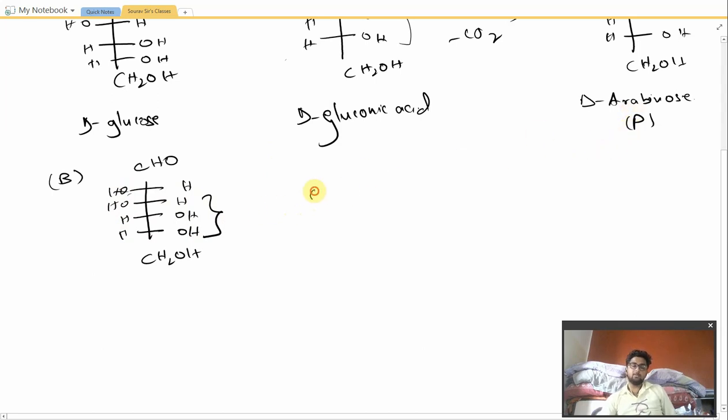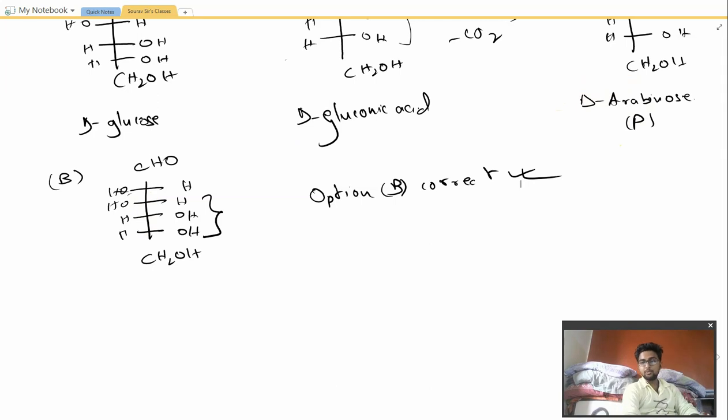So obviously option B would be the correct option. You can check that in the other compounds the configuration of these three carbons is not the same, and therefore though the reaction would take place, D-arabinose, the product P, would not be formed. Let us move on to the next question now.